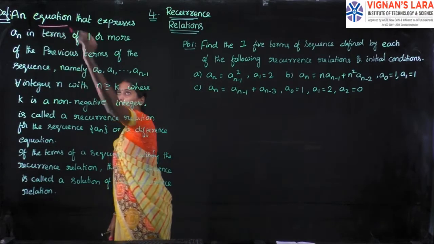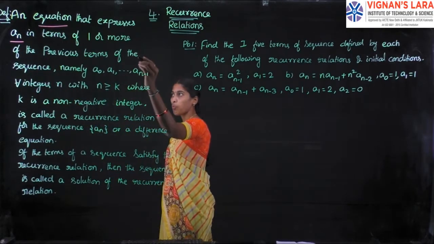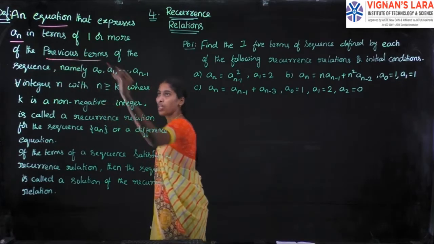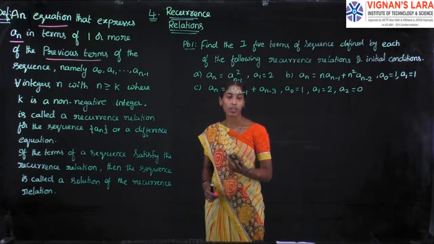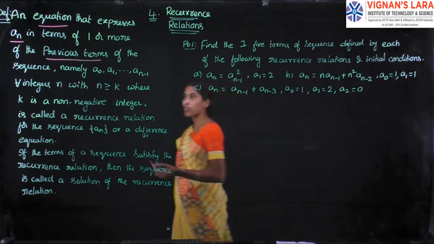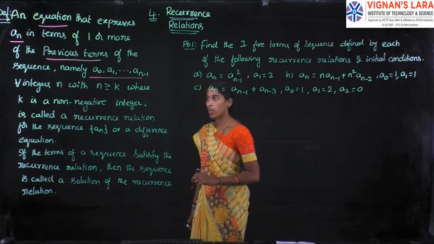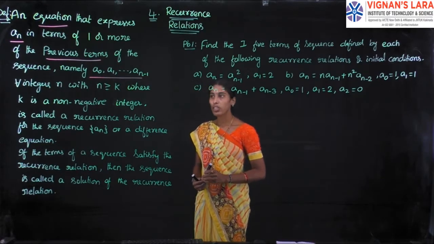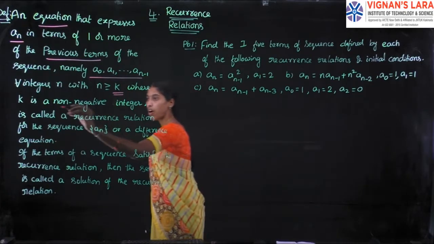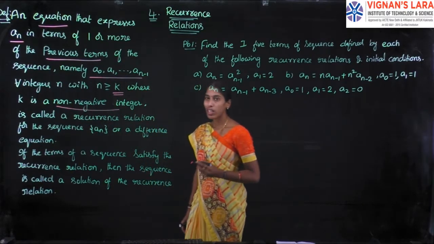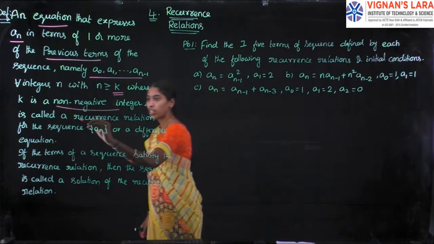An equation that expresses an in terms of one or more of the previous terms, that is a0 to an minus 1 of the sequence, namely a0, a1 and so on up to an minus 1, for all integers n with n greater than or equal to k, where k is a non-negative integer, meaning k starts with 0, 1, 2, 3 and so on, is called a recurrence relation.